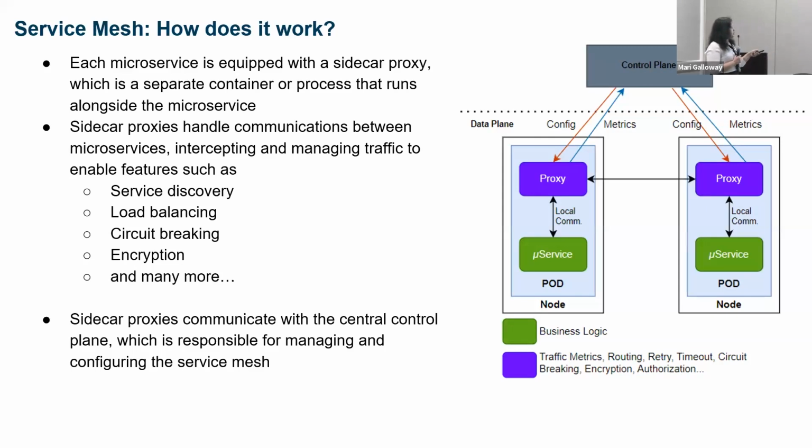These sidecar proxies constantly communicate with the control plane and have updated information on the policies set forth by the control plane. The proxies keep copies of the policies from the control plane, and use them to guide how they communicate with the other proxies.